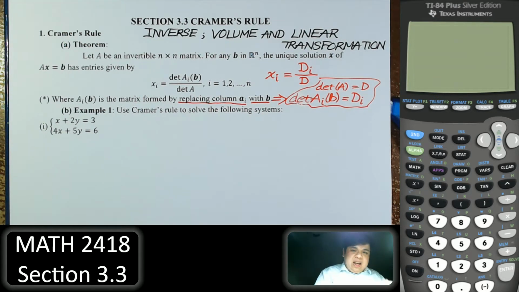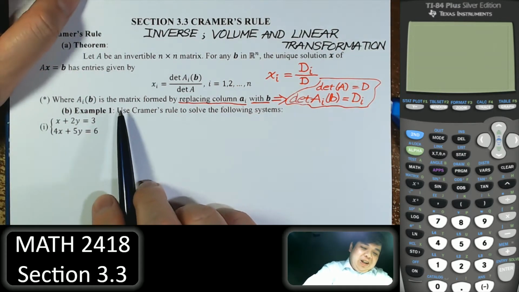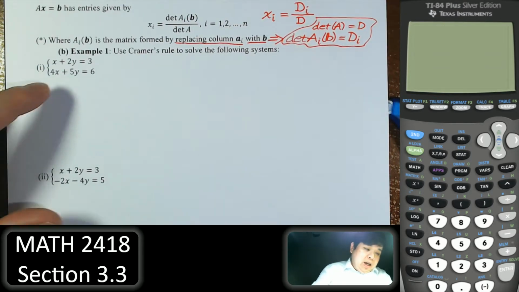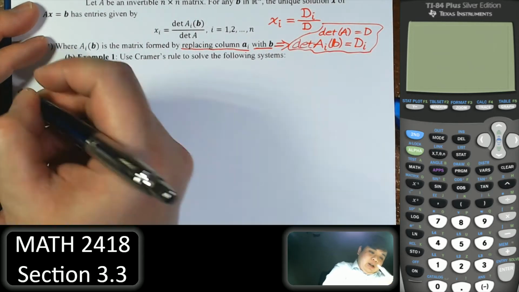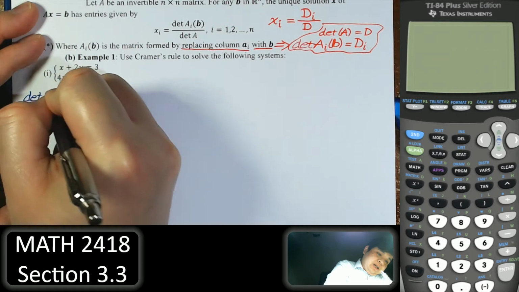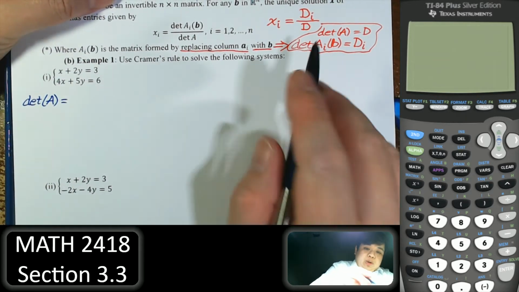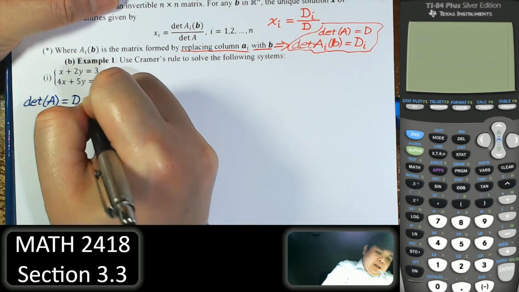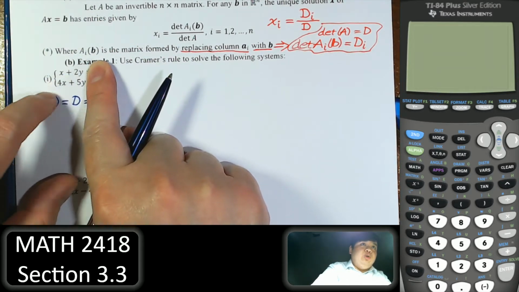So let's just jump right into an example. This is actually easier to do than to explain how to do it. Use Cramer's rule to solve the following system. So we have a few examples here. First we're going to have the determinant of A. Using the shorthand notation, I'm just going to say D, which is the determinant of the coefficient matrix on the left-hand side, 1, 2, 4, 5.